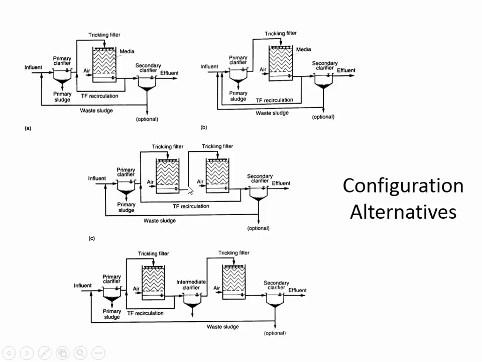But in this case C, there's no clarifier between the first and second stage of the trickling filter. And in this last configuration that's shown, they do put an intermediate clarifier in just to ensure that there isn't any slime layer being recirculated into the second downstream trickling filter.